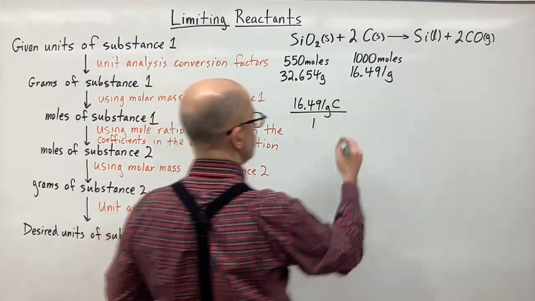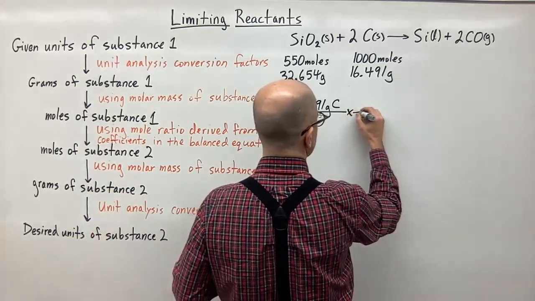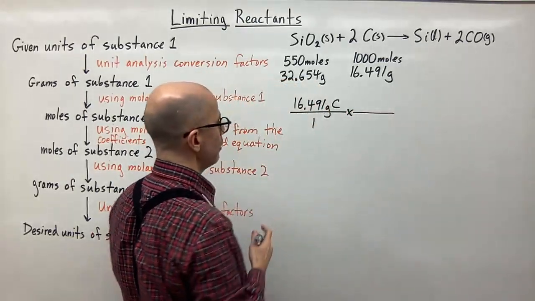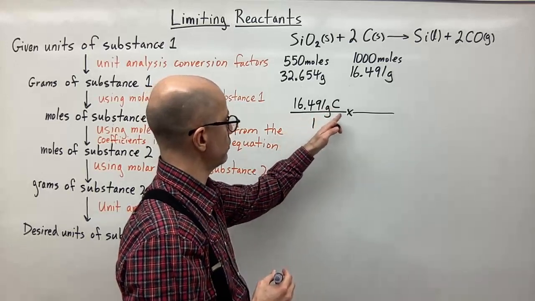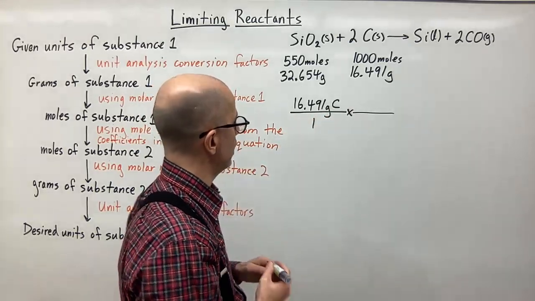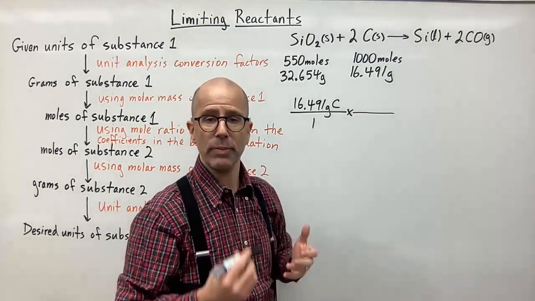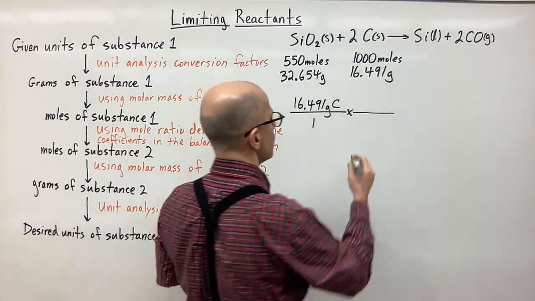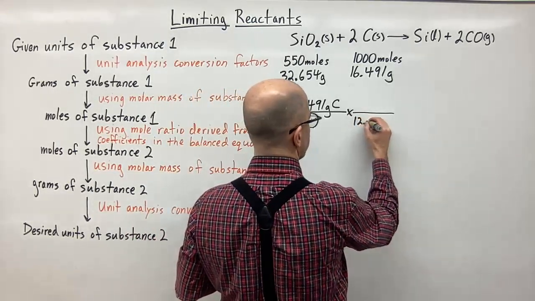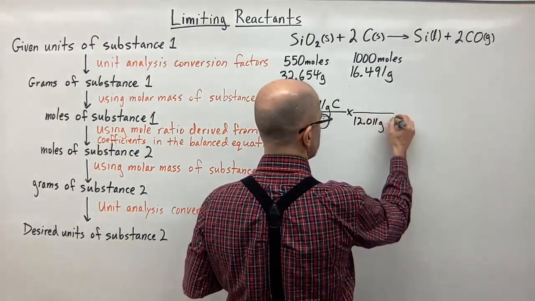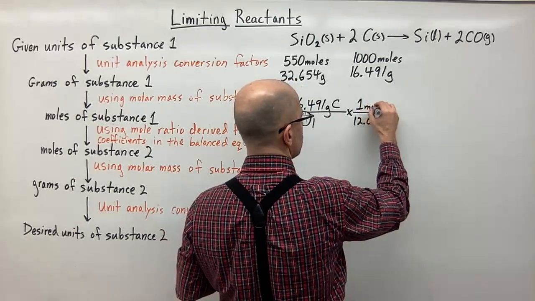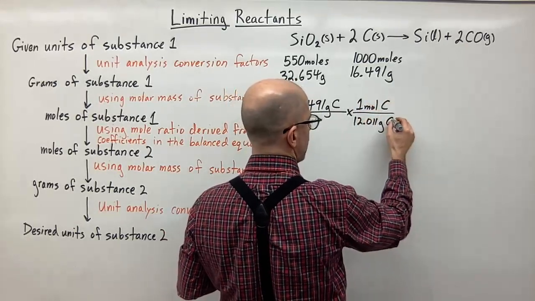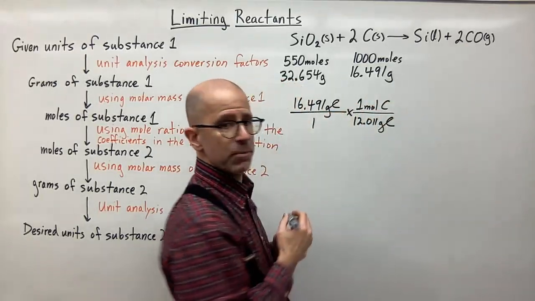So we're going to set up our conversions. I've got carbon here, so 16.491 grams of carbon. I want grams of carbon on the bottom, and I'm going to use the molar mass to convert to moles of carbon. So I have 12.011 grams of carbon on the bottom and 1 mole of carbon on top. So grams are going to cancel out.